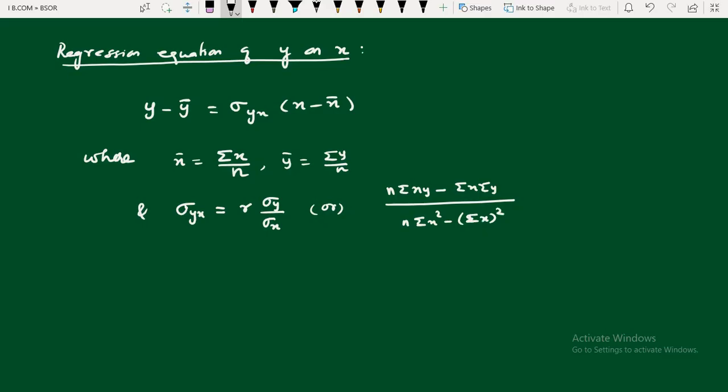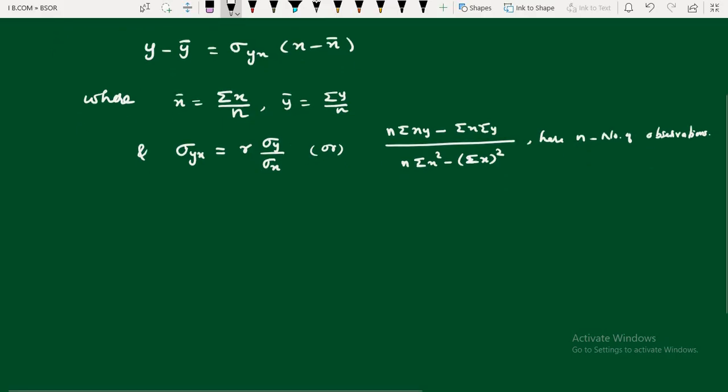Here n is the number of observations. So using one of these two formulas, we can find sigma yx. According to the data, we can use the appropriate formula.